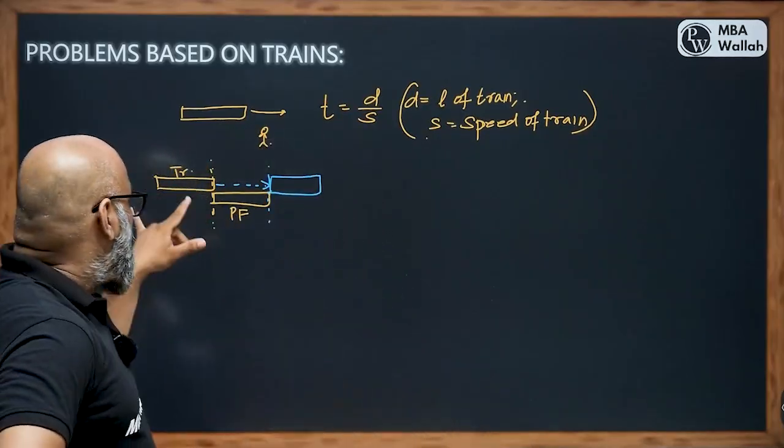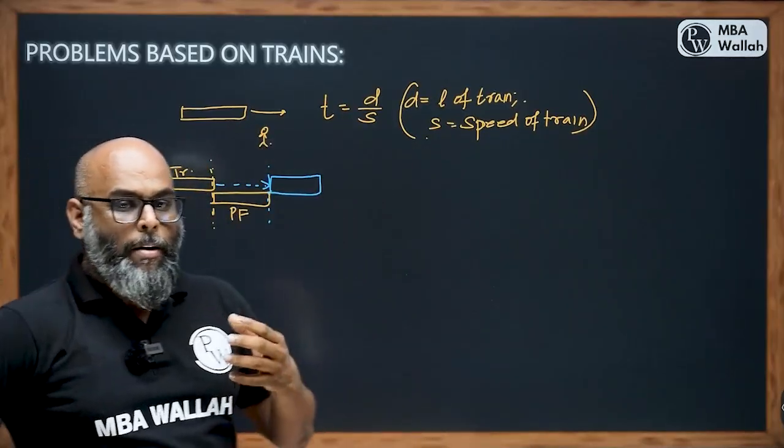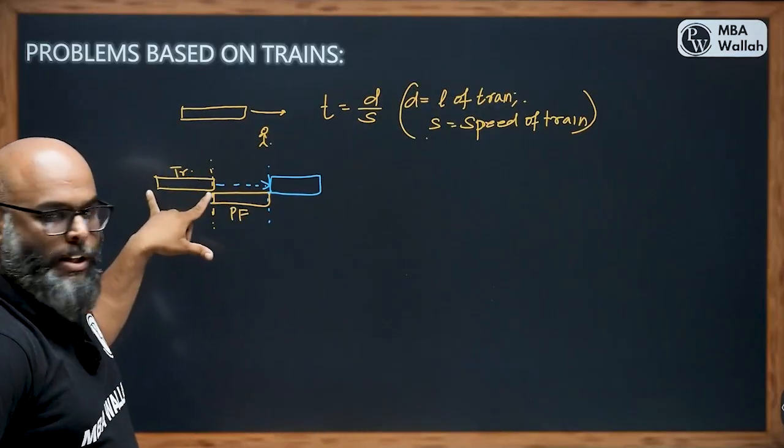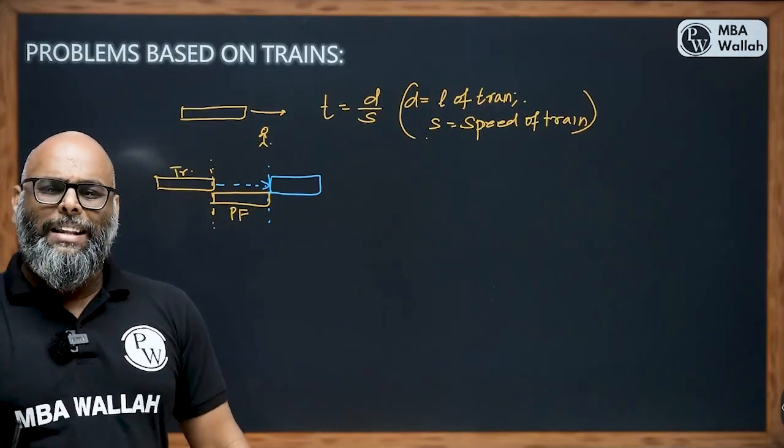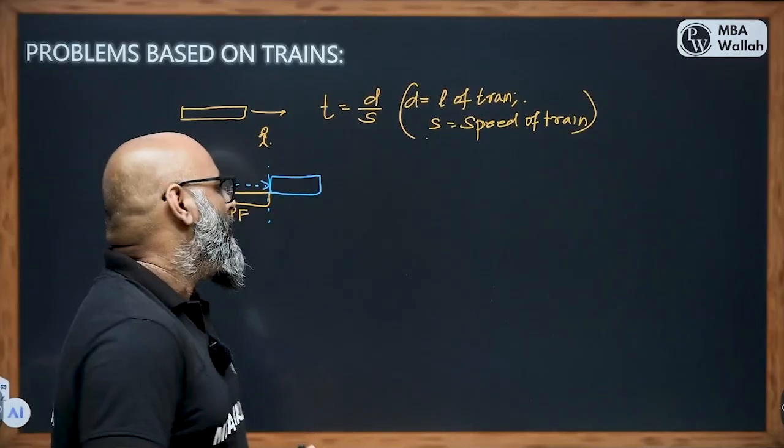So what is the distance that should be covered by the train? The train should cover its own distance plus the platform or whatever it is. In that case, what will be the time taken?